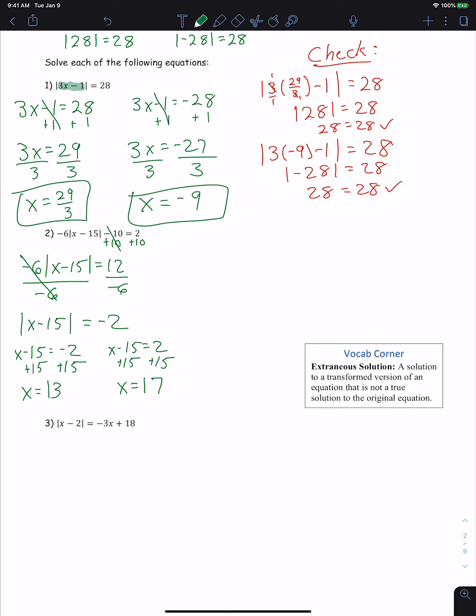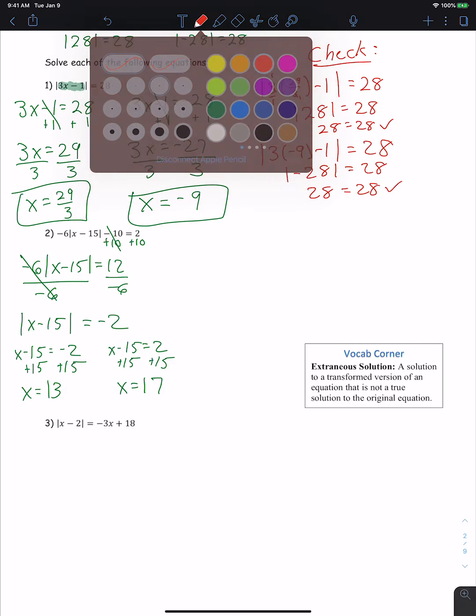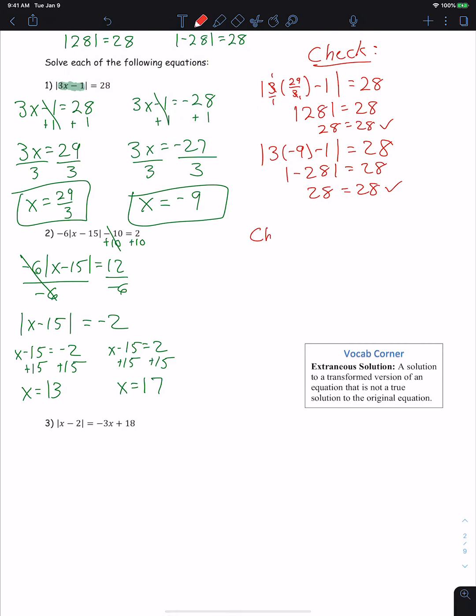Now make sure you check before you go circling those answers. So if I come over here, I check. You can do this in the calculator also if you would like. I'm going to check 13 first. That'll be negative 6 times the absolute value of 13 minus 15, minus 10 equals 2. I end up getting negative 6 times the absolute value of negative 2, minus 10 equals 2.